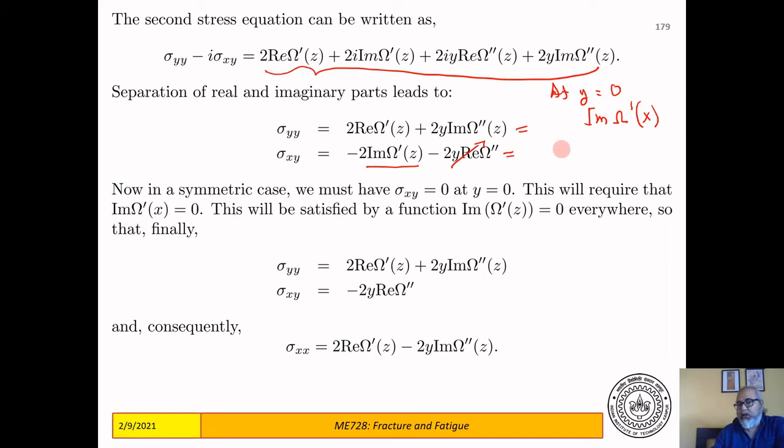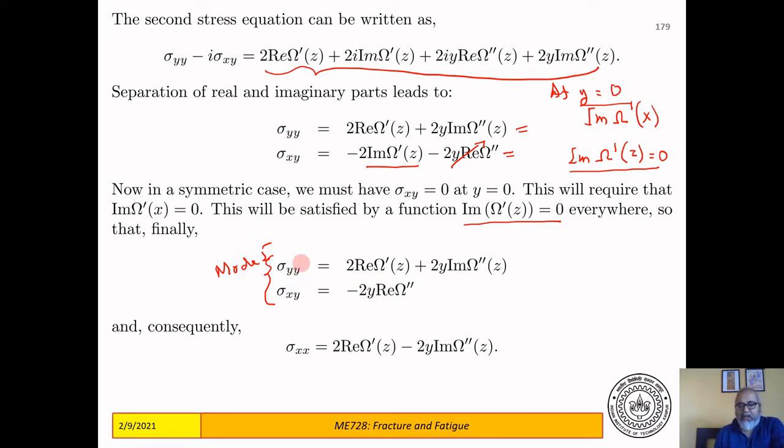But we can also imagine that the imaginary part of omega prime z is 0 everywhere, not only at y equal to 0, in which case at y equal to 0 it also will be equal to 0. So we take the stronger condition that imaginary omega prime z is 0 everywhere, so that finally these are the stress equations for the mode 1 case in terms of omega prime z.